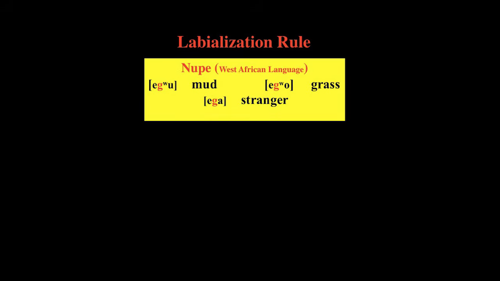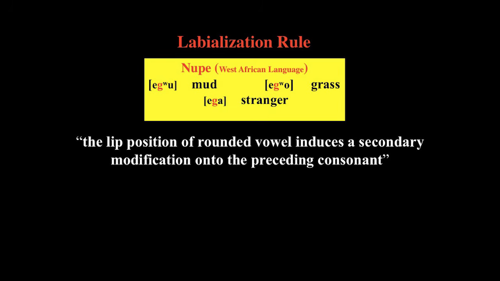That's why labialization is taking place. So as a phonological rule statement, we say, in this language, the lip position of a rounded vowel induces a secondary modification onto the preceding consonant. In other words, g in this language gets labialized whenever it's followed by a rounded vowel.